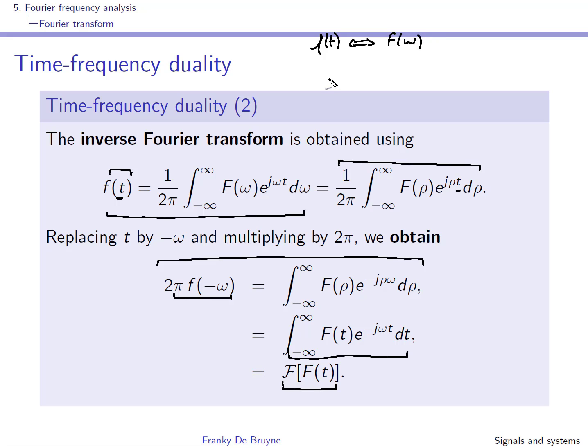We consider this one as a time function right now, and then its Fourier transform will be simply this one that you consider as a frequency function with reversal, so F of minus omega, and you multiply by 2 pi. So as said previously, from one Fourier pair you can construct another one.